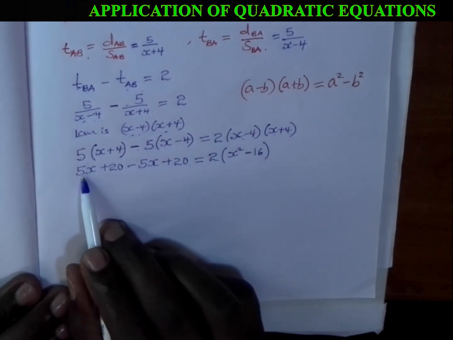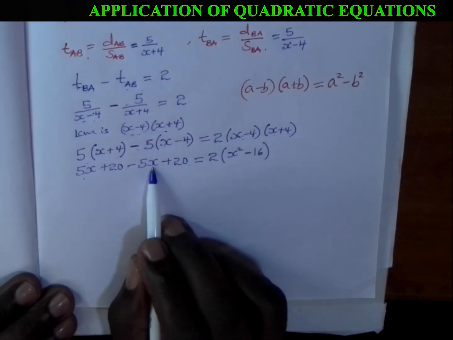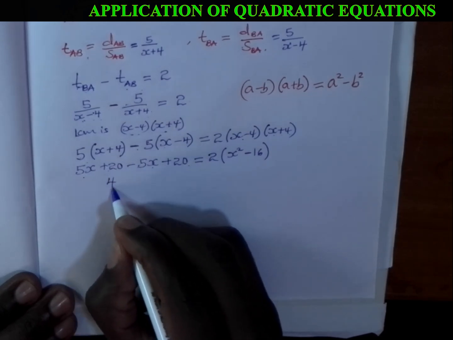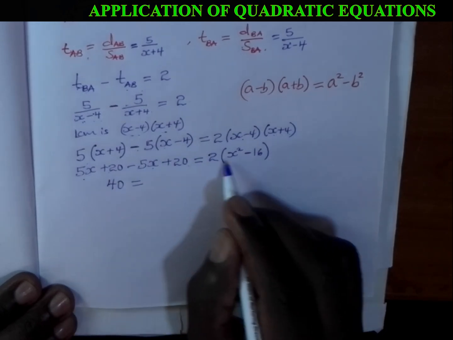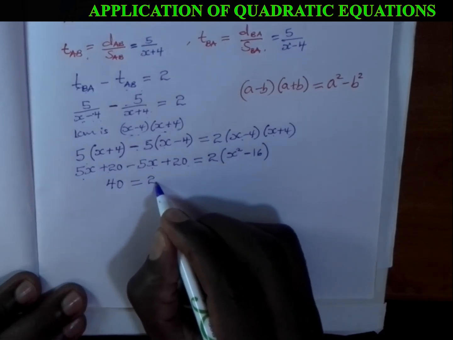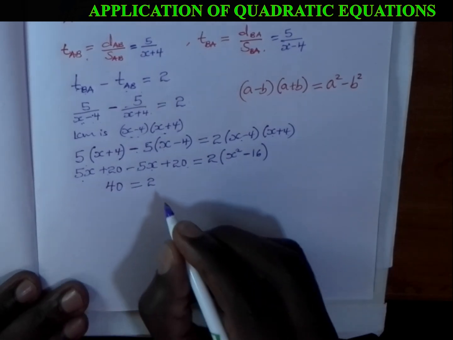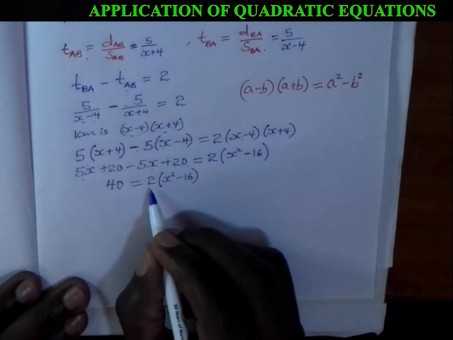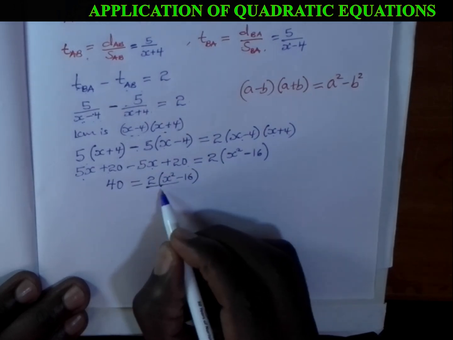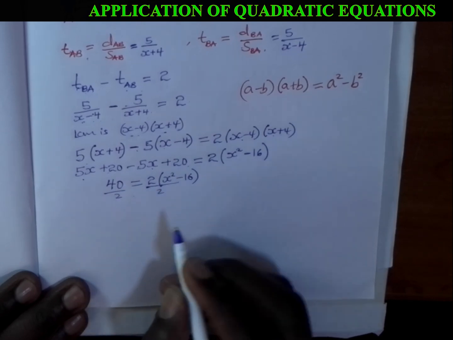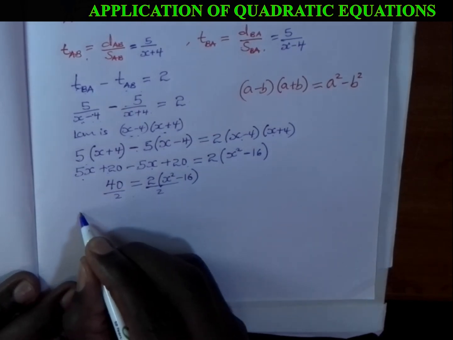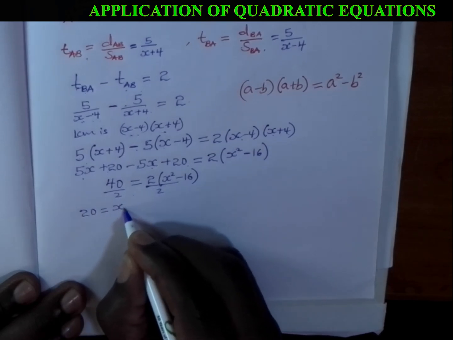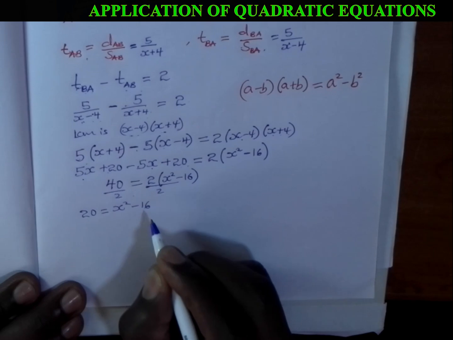Collect the like terms. 5x minus 5x, that is 0. So you have 20 plus 20, that is 40, will be equal to 2 times x squared minus 16. Divide both sides by 2. So we get 20 is equal to x squared minus 16.